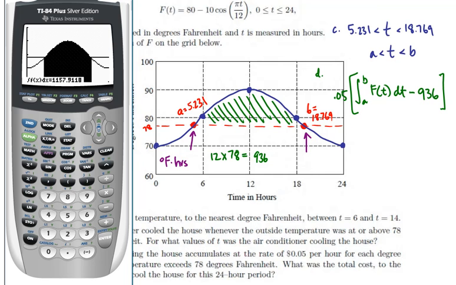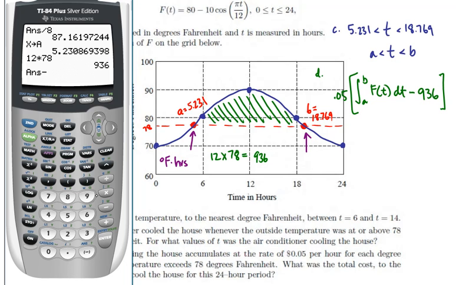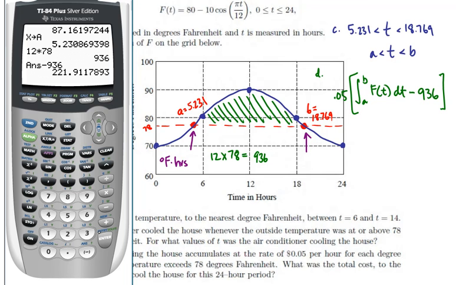From that I want to subtract, so I can just hit the minus, and it'll give me answer minus 936. And that comes out to be 221.911, and I want to multiply that by 0.05, giving me $11.10, rounded to the nearest cent, which is what we were asked to do there.